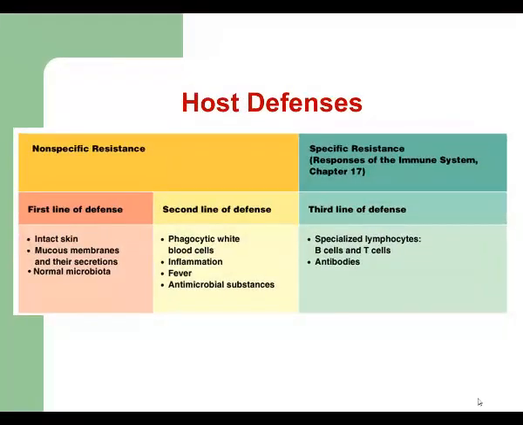On this slide, in this colorful chart, you see the main characteristics of the 3 lines of defense. As you see, the first 2 lines are non-specific: non-specific surface defense and innate immunity. And the third line is the only specific line in our immune system, and it's represented by T cells, B cells, and antibodies.